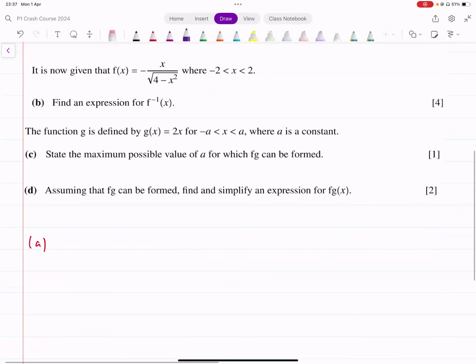Now it says it's given that f of x equals minus x over square root of 4 minus x squared, where x is between minus 2 and 2. Find an expression for f inverse of x.